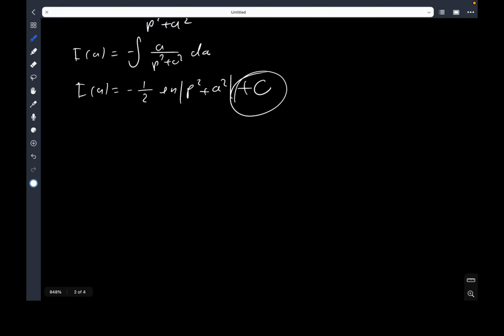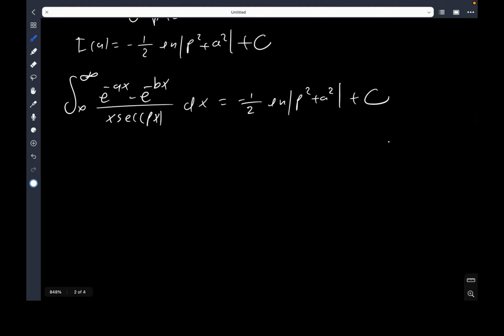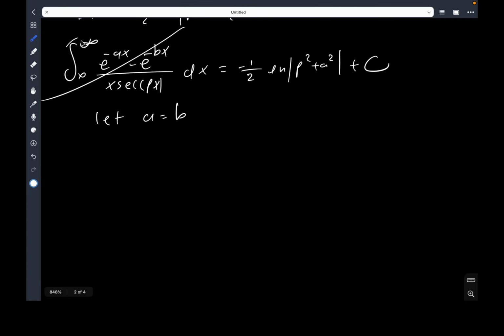Now, how should we find this constant? If I have the integral from 0 to infinity of (e to the negative ax minus e to the negative bx) over x times secant px dx equal to negative half ln of p squared plus a squared plus c. If I let a be equal to b, this is going to go down to 0, because it's going to be e to the negative bx minus e to the negative bx, which is 0.